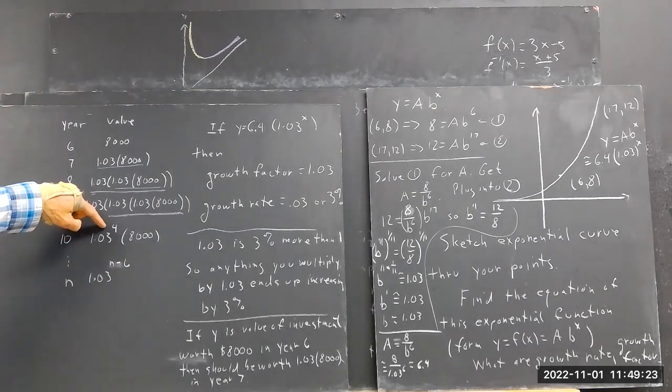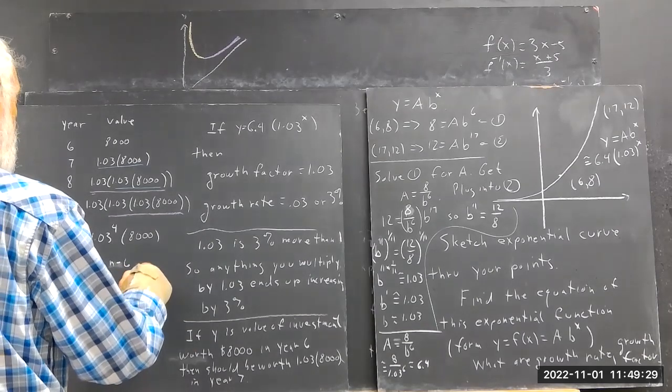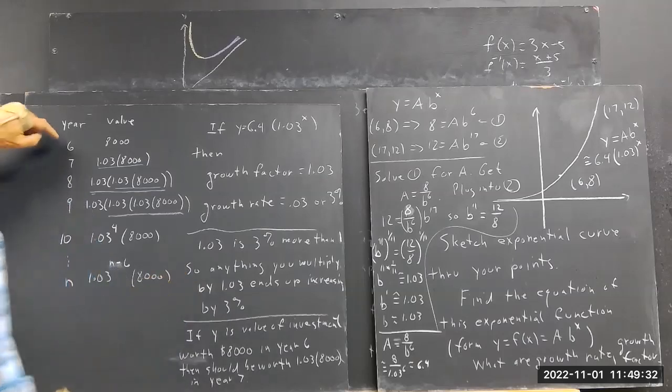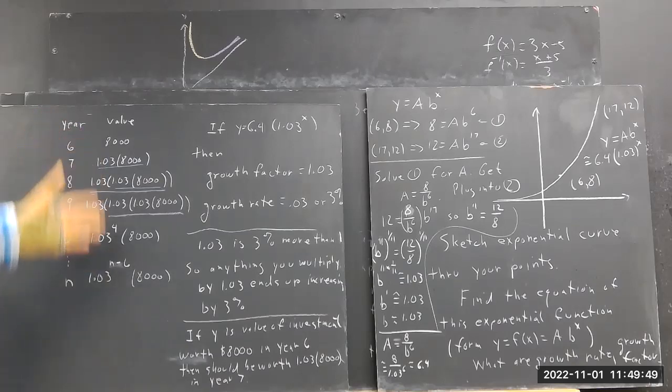The 4 here is because you've done this 4 times, and you've done it 4 times because you're doing it since year 6. So in year N, you'll have done it N minus 6 times. Well, that's the meaning of the 1.03. My point is every year you multiply by 1.03.